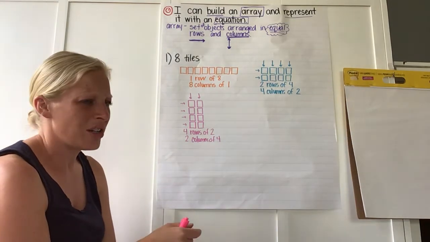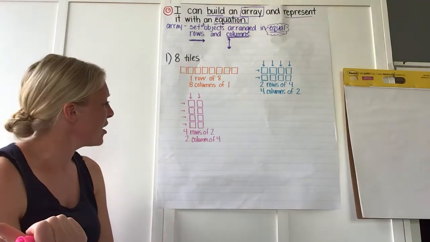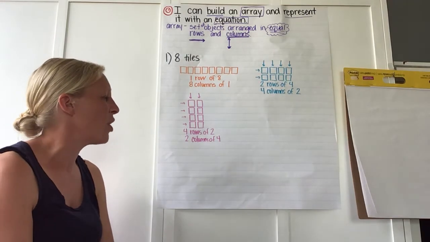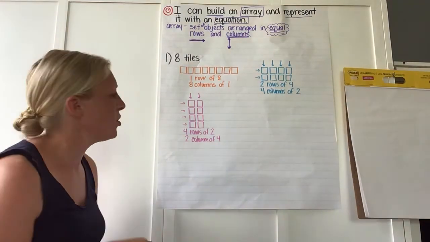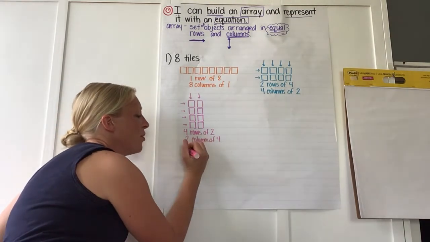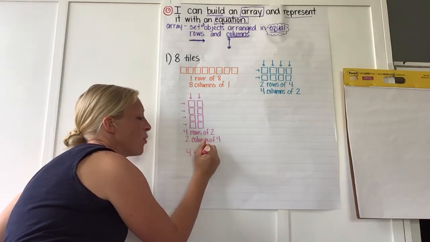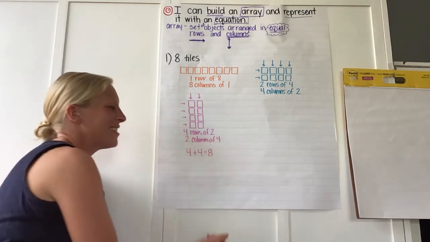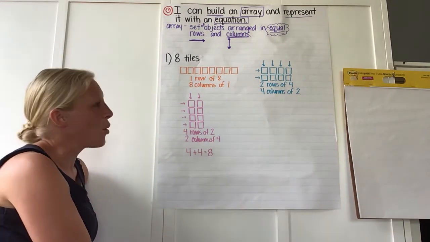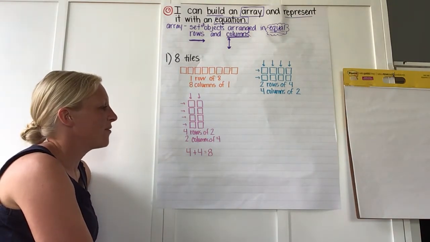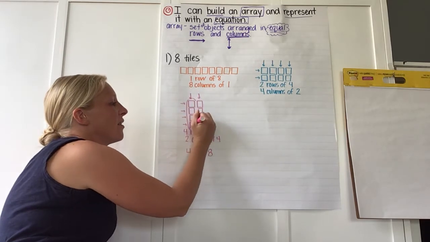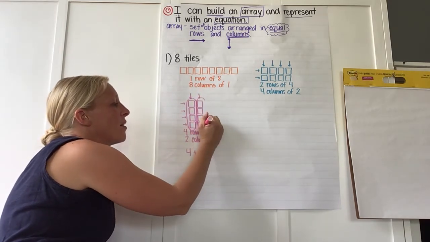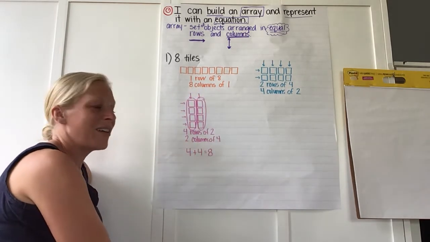What equations would you write with this? I know when I was talking to my friend over here, they said, well, I know that 4 plus 4 equals 8. Where is the 4 and the 4 in your array? 4 and 4.